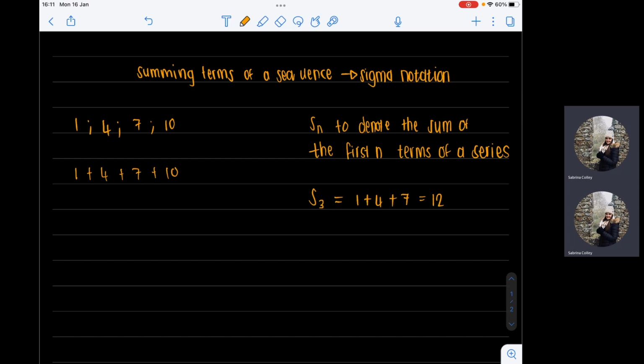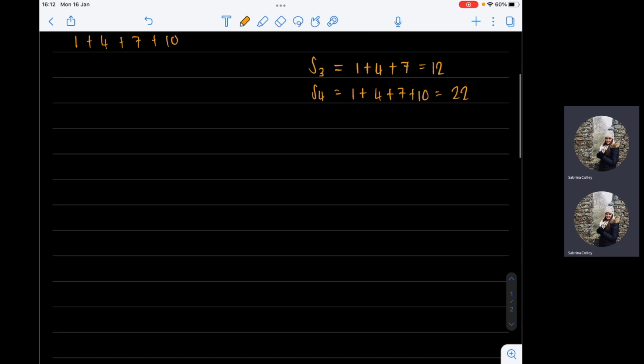If I wanted S4, that's the sum of the first 4 terms, so 1 plus 4 plus 7 plus 10, okay? That gives me the answer 22. Okay. So let's do an example.